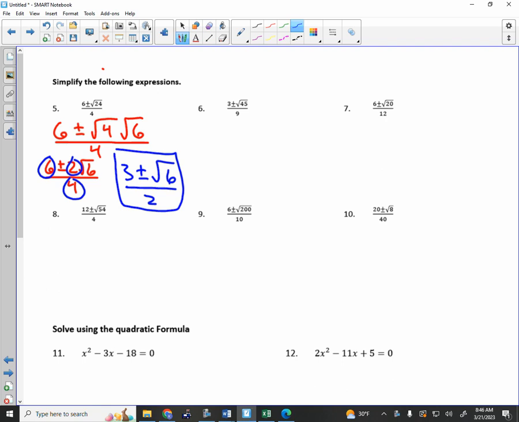Sometimes the results that you get from the quadratic formula are kind of messy. And we'll show you what that looks like as we move forward, but that's how we reduce it. We won't do all these, we'll do a couple of these. How about number 6? What perfect square can you take out of 45? Yep, so I've got 9 and I've got 5.